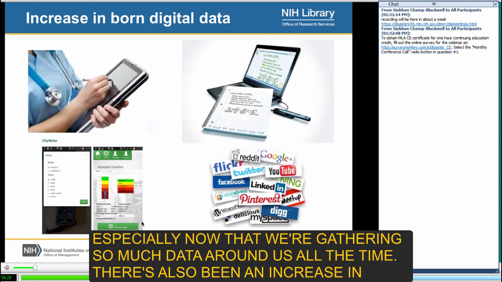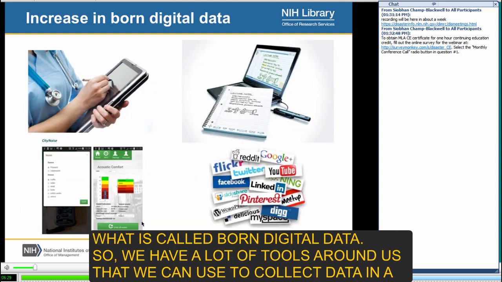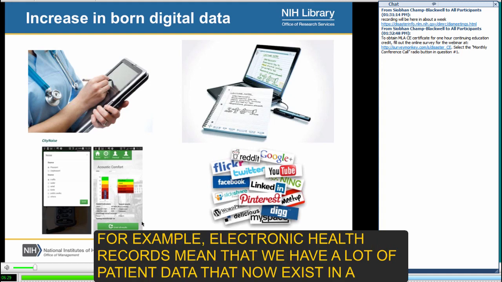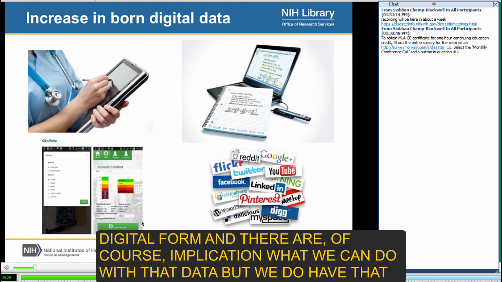There's also been an increase in what's called born digital data. We have a lot of tools around us that we can use to collect data in a digital form, as opposed to having to convert data from an analog form to a digital form. For example, electronic health records mean that we have a lot of patient data that now exists in a digital form. And there are, of course, privacy implications to what we can do with that data.